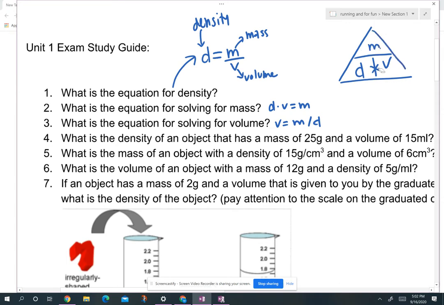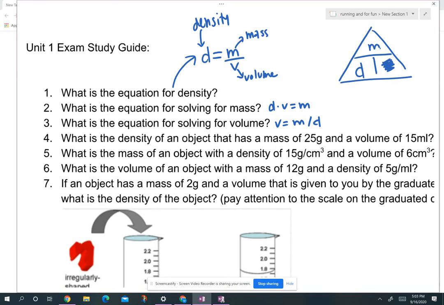If you are looking for volume, you cover up the V and you get M over D, so M divided by D, and that's what you would get for volume. That is how you would solve that.